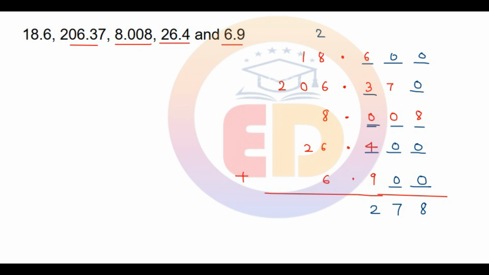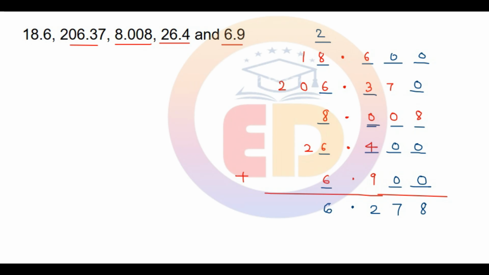Now before we go any further, the decimal point should come below the decimal point. So before 2, I'll place a decimal point here. And now let's continue the addition. 2 plus 8 is 10. 10 plus 6 is 16. 16 plus 8 is 24. 24 plus 6 is 30. 30 plus 6 is 36.